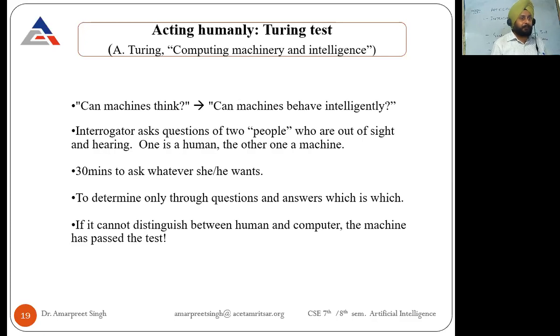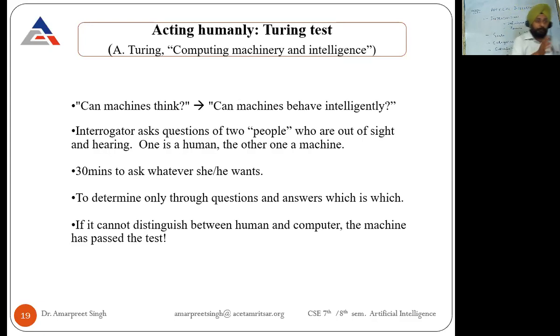all the answers have been judged as coming from a human, but actually some answers were given by the human and some by the machine. If such a situation happens, where the interrogator says all the answers came from a human, then your machine passes the Turing test. Your machine is actually acting as a human, because the interrogator could not distinguish between the answer of a human and the answer of a machine.